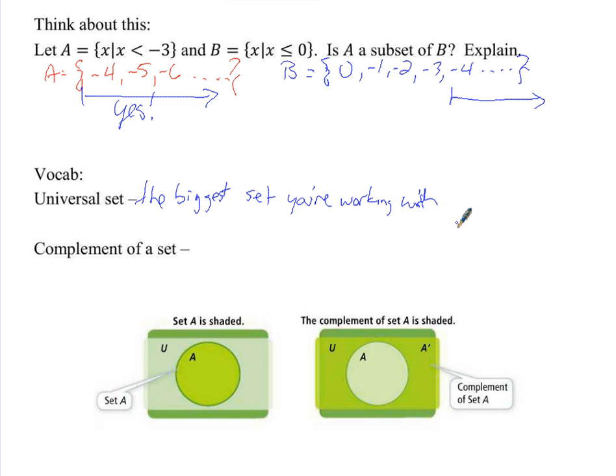The complement of a set. Let me set the complement of a set up by saying first I have a subset. So if I have a subset of a universal set, then the complement is everything else.